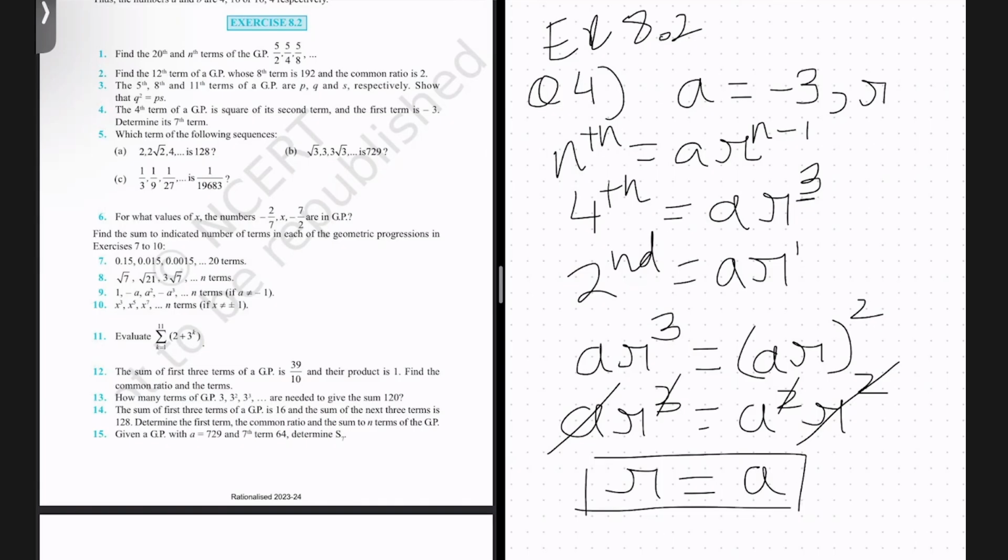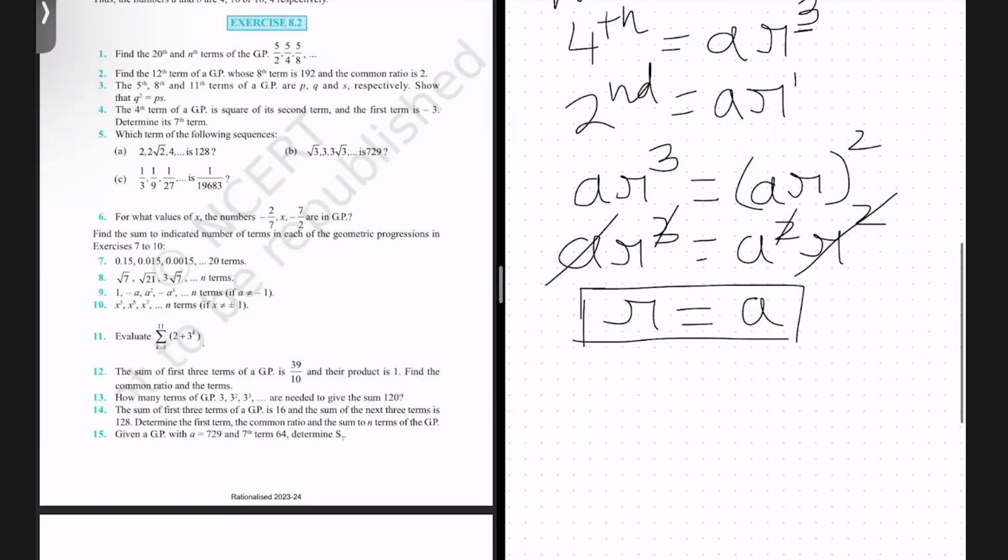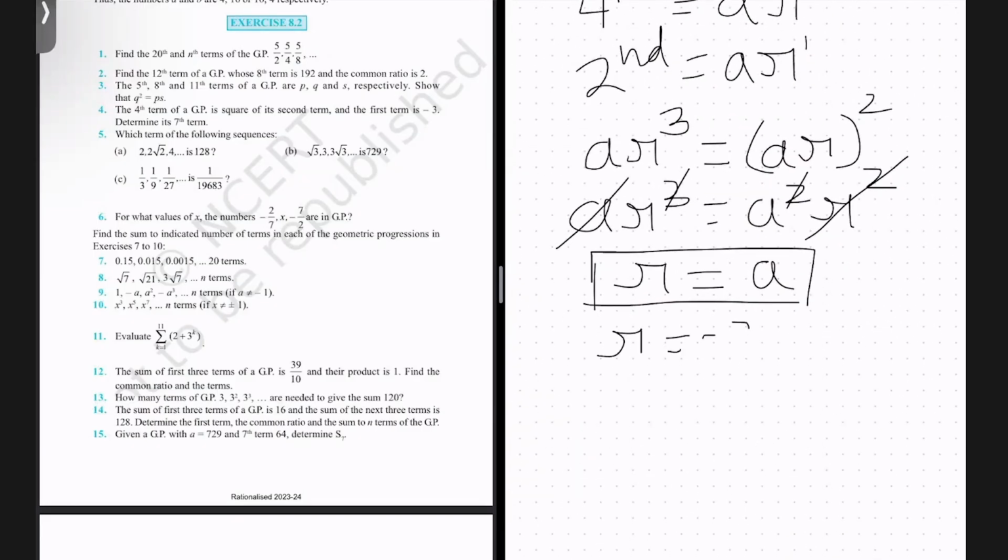What we have done is we have divided both the sides by A, so A gets cancelled from the LHS, and we have divided both the sides by r squared, so r square gets cancelled from the RHS. So the final result that we arrive at is r equal to A. And A has already been specified to us as -3, correct? So we have the common ratio of this particular GP also as -3. So r is equal to -3.